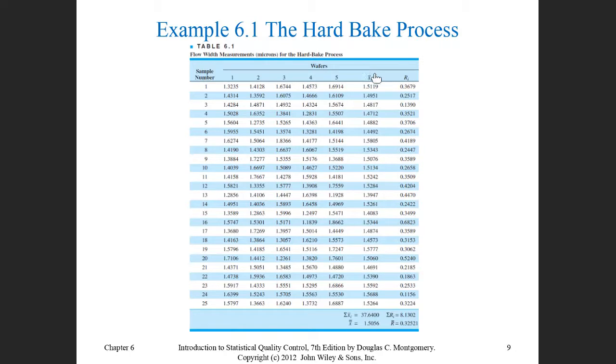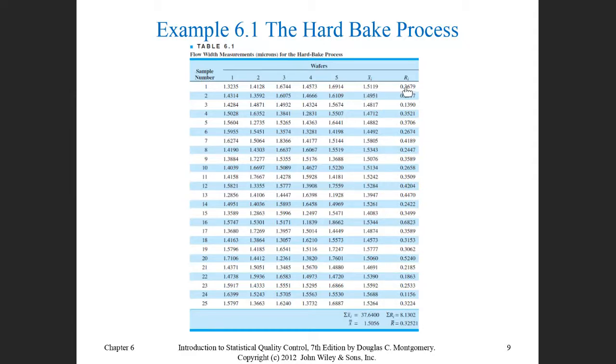To find the X bar for sample number 1, which has those 5 readings, you get the average for those 5 readings, from 1 until 5, and you write the average here under X bar 1.